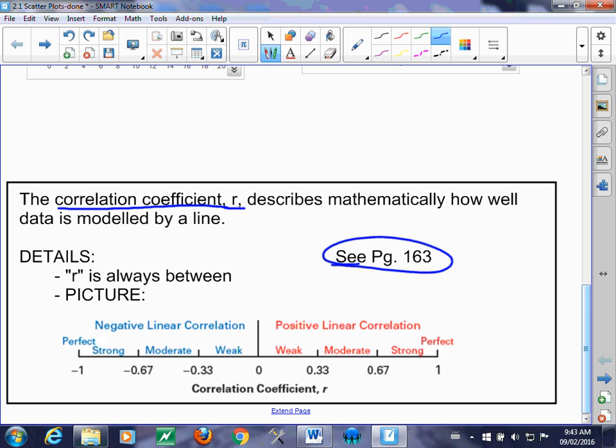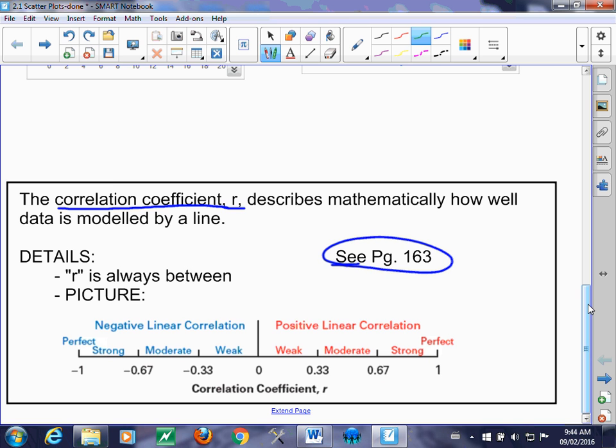I would suggest the pen and paper method does not work very well for this, okay? And what I want you to do is take a look at the diagram here. We have what's called a positive correlation and a negative correlation, and if it's negative, you'll see it when you do your calculation with a negative sign in front, okay?